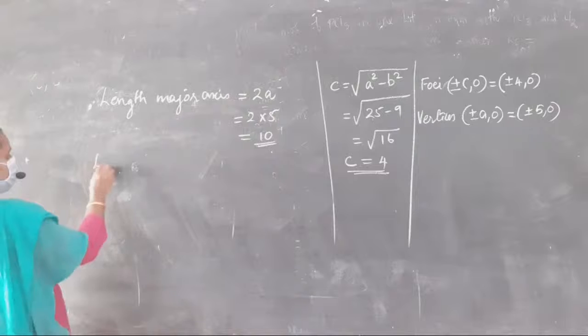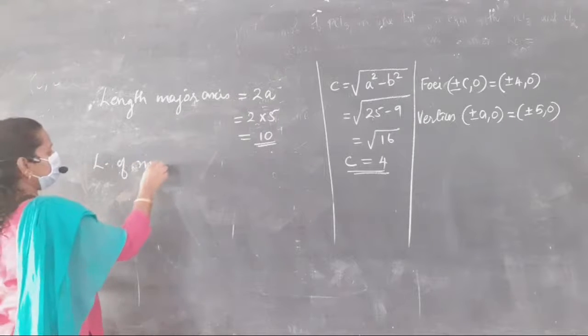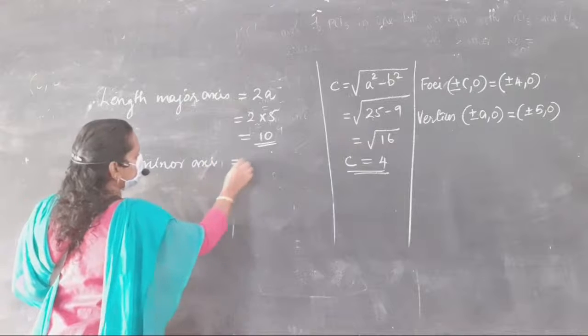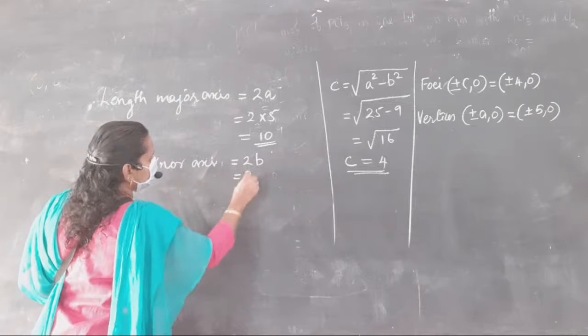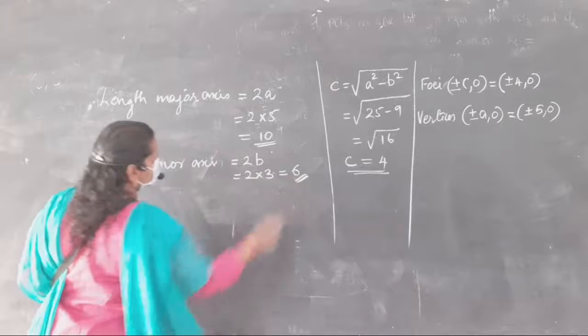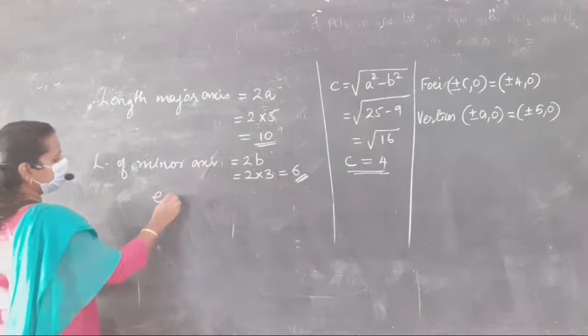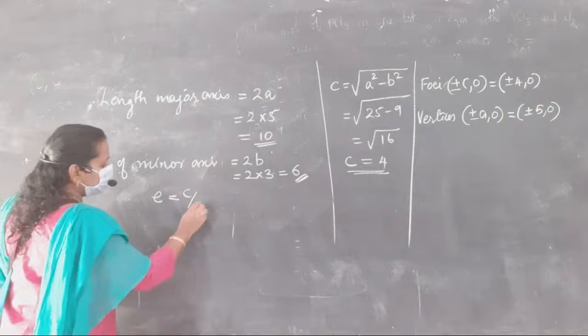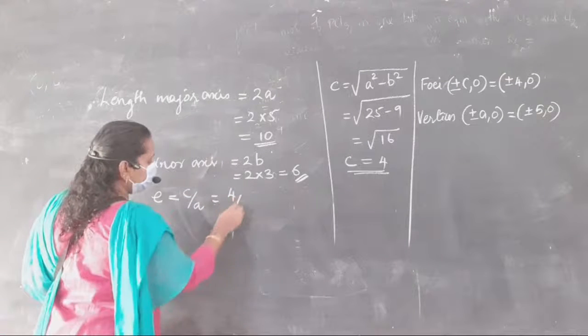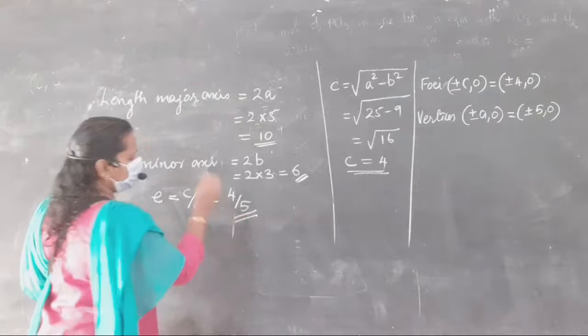Length of minor axis. What is length of minor axis? 2b, that is 2 into 3 equal to 6. Then eccentricity e equals c by a. C എത്രയാണ്? 4 by 5.